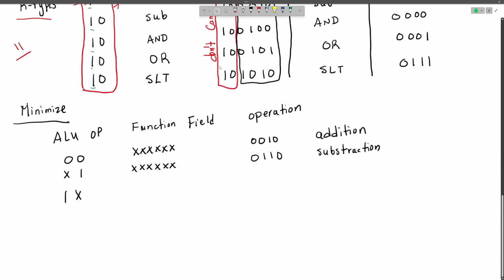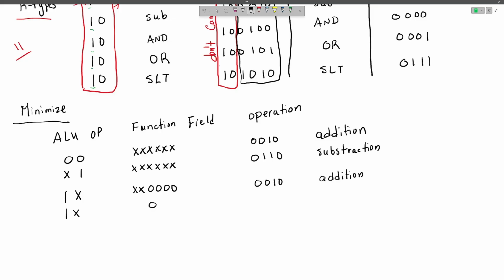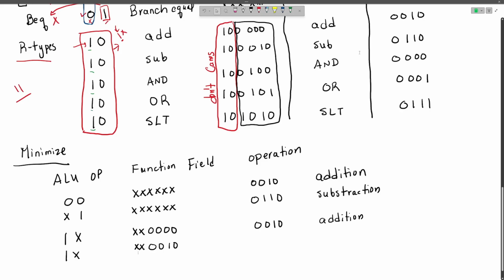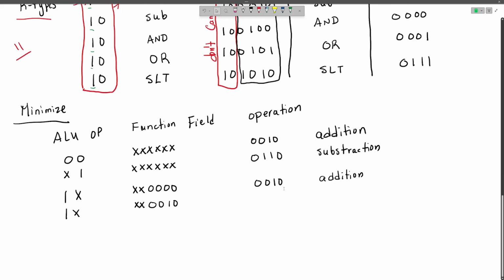Therefore, we can say don't care, 0, 0, 0, 0, and that's going to be a 0, 0, 1, 0 or an addition. Then our next instruction, 0, 0, 1, 0. Same, don't care. And our next instruction, it was a subtraction, so it's going to be 0, 1, 1, 0, and that's going to be a subtraction.